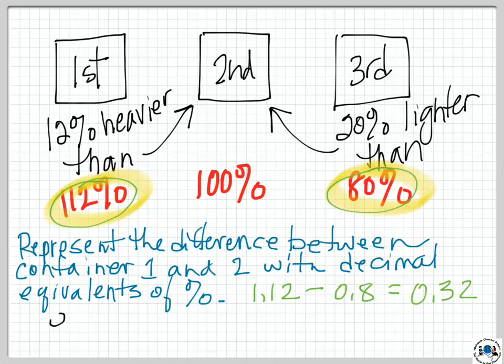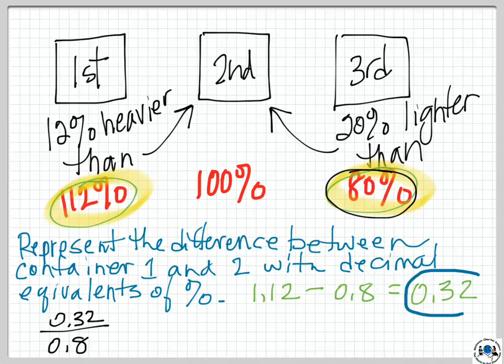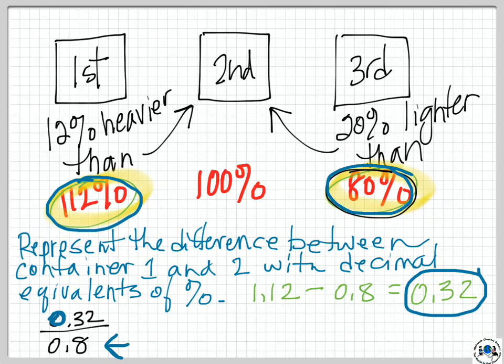So 0.32, because this is the difference between 1 and 3. And then we are going to compare that to number 3, which is 0.8, because we're trying to find the percent difference.